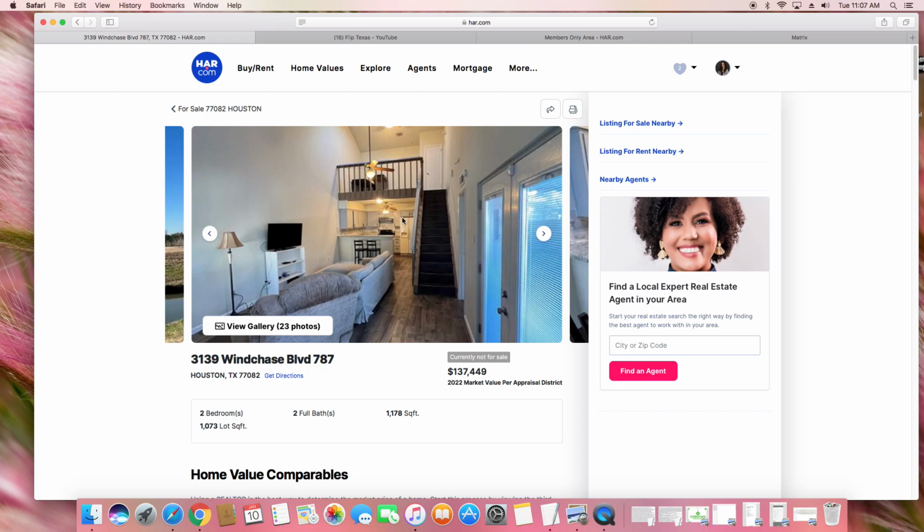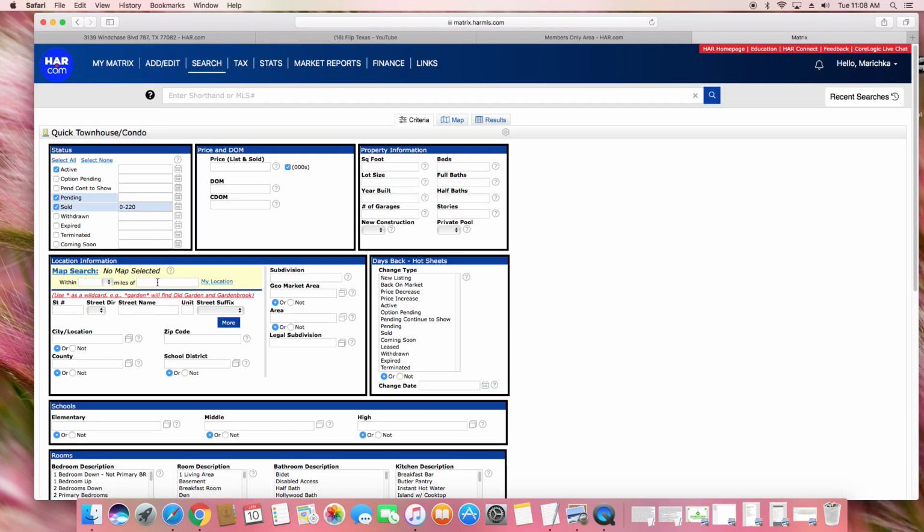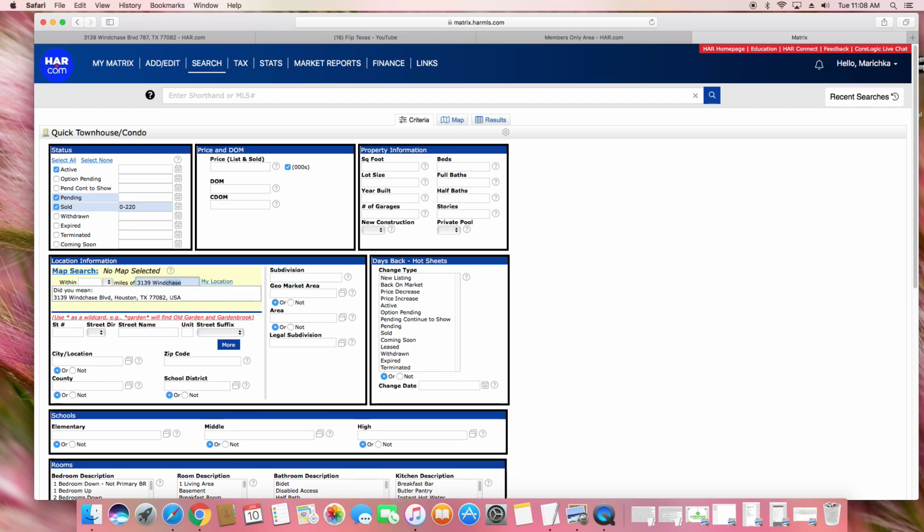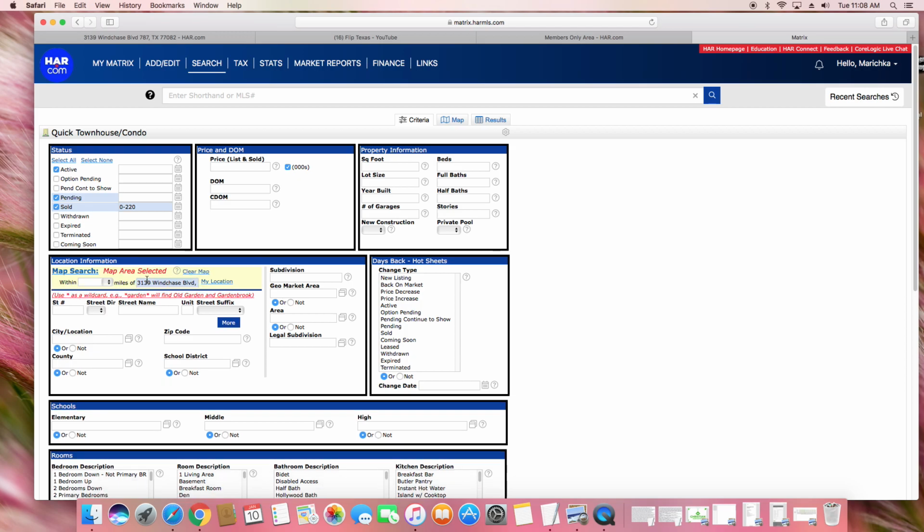All right, so this is the property, 3139 22, 1178 square foot. We need to compare it to other two-twos.